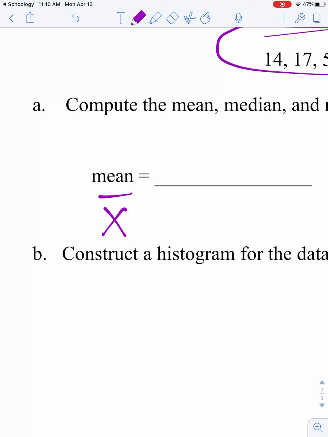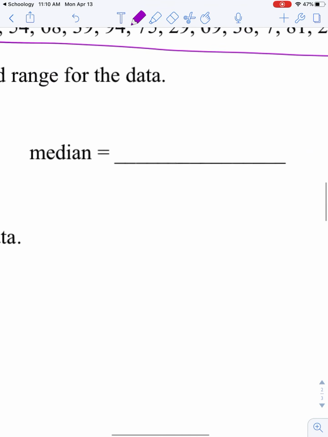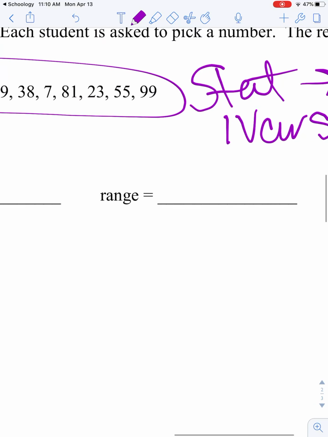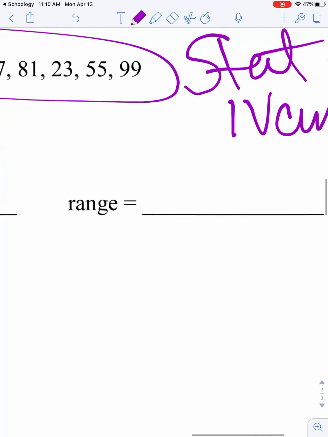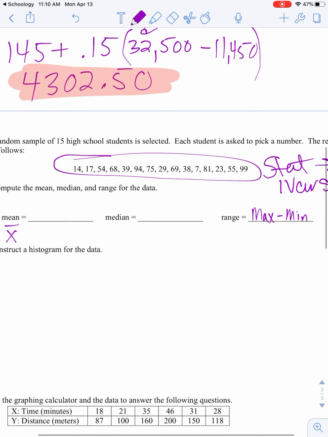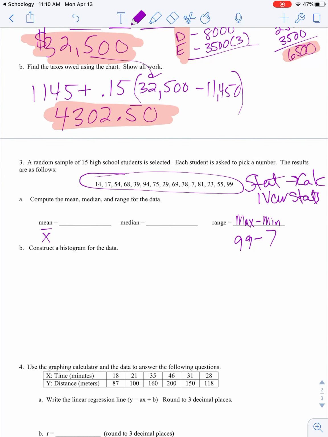The mean is going to be that symbol. The median, you got to scroll down a little bit for. The range, remember you have to subtract your max minus the min, which is on the screen, or you can just look up at the data and say, okay, 99 is the biggest and 7 is the smallest to find your range.